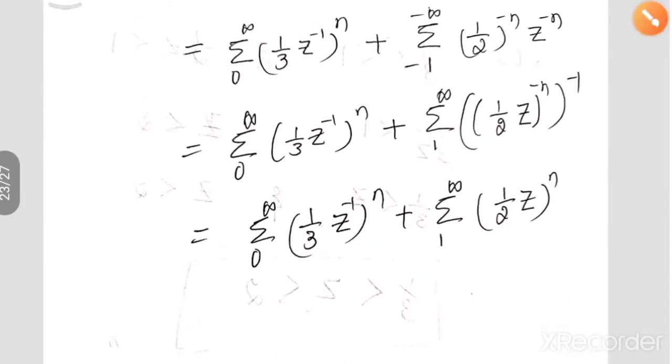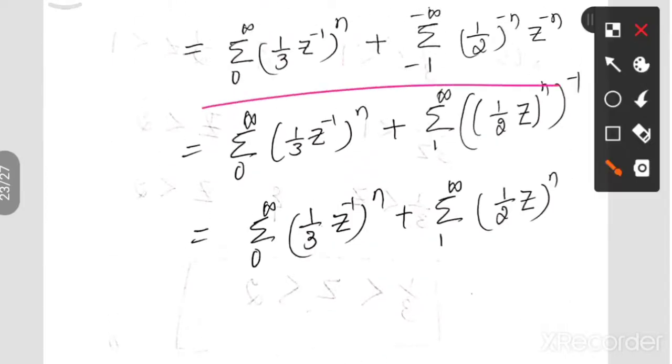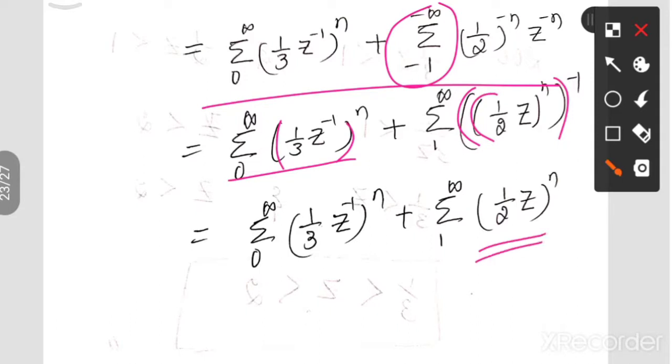Then for both the terms, the first term is 0 to infinity of 1 by 3 z raised to minus 1 whole raised to n, plus 1 to infinity of 1 by 2 z raised to n.